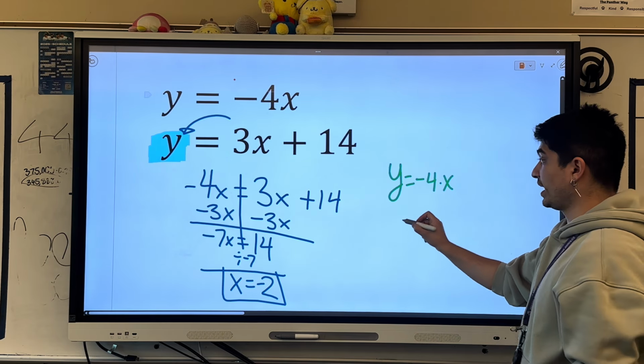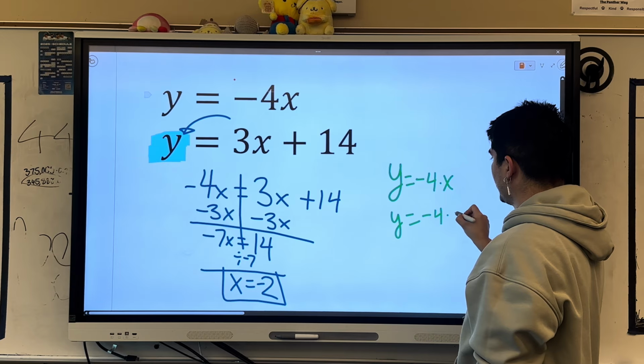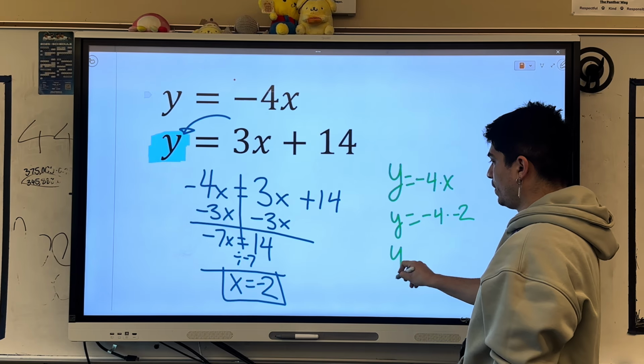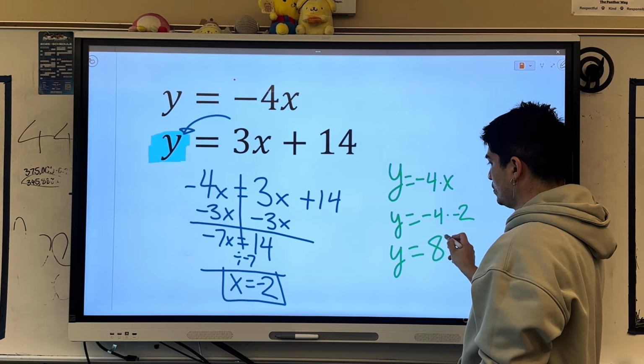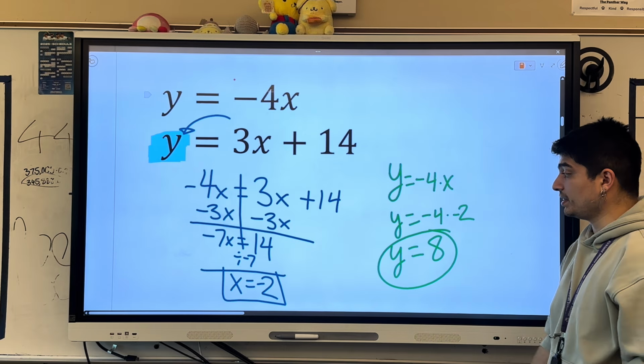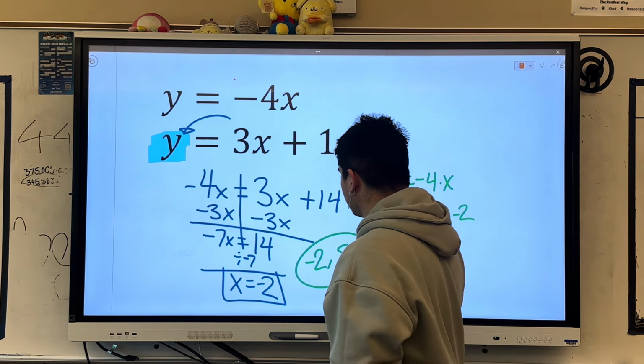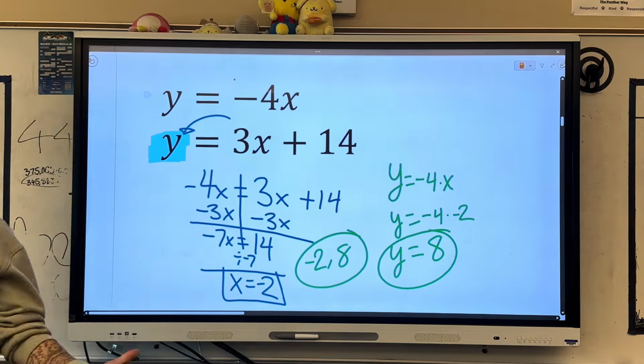I know what x is, so negative 4 times negative 2. Well, y is then equal to positive 8. And I have my two answers, and written as a coordinate point, that would be negative 2, positive 8. And there you go. Substitution.